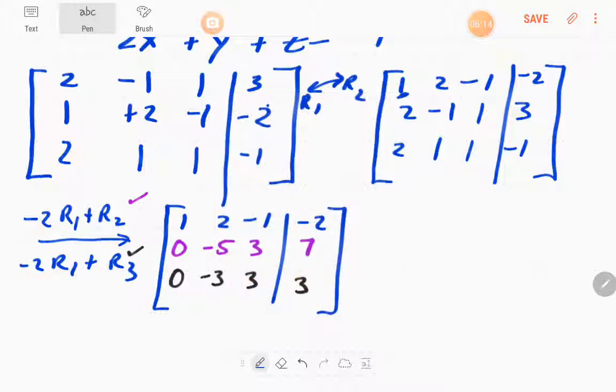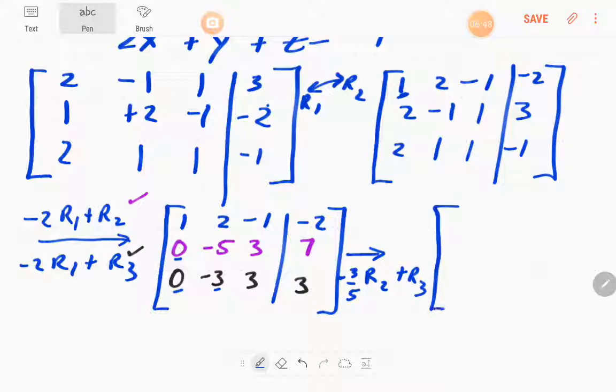Okay, so next thing I want to do, so I've created zeros here and here, which is what I want to do. So the next thing I want to do is to create a 0 here, right? So I'm going to multiply the second row by minus 3/5, and then add it to the third row.